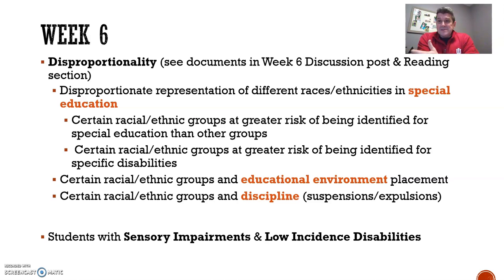And so that's a significant concern when you think about our evaluation practices and our RTI practices. So their eligibility in special education can be a part of disproportionality. The other piece to look at is, is there a disproportionate representation in our educational placements? So, for instance, are there more students that are African American that are in self-contained placements?